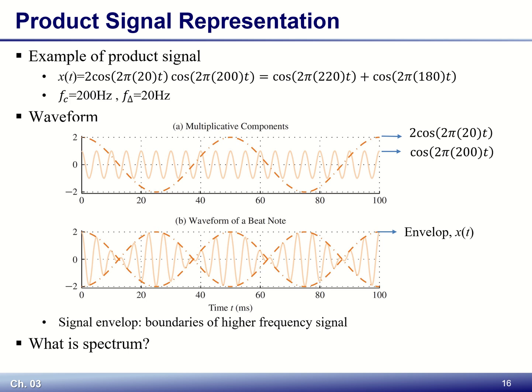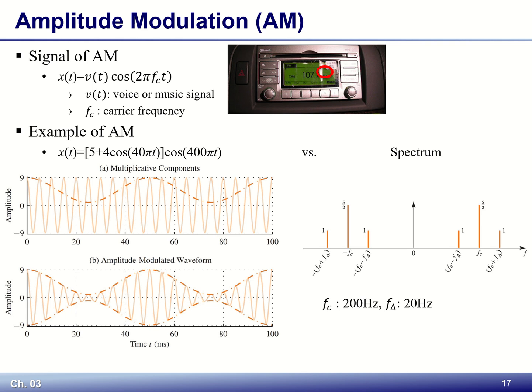This multiplication is used in our life. You have a radio like this. We can see here AM and FM. AM means amplitude modulation. Actually, the human voice cannot go a far distance.